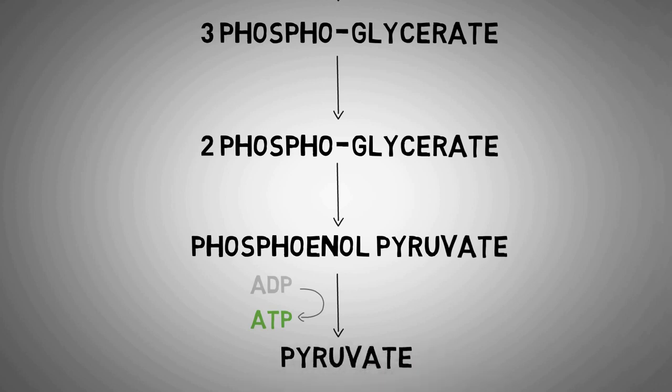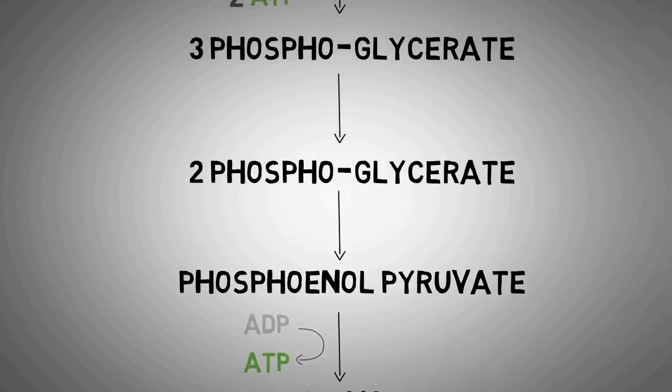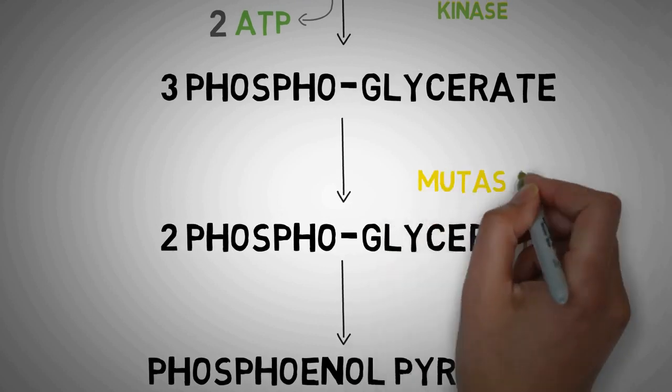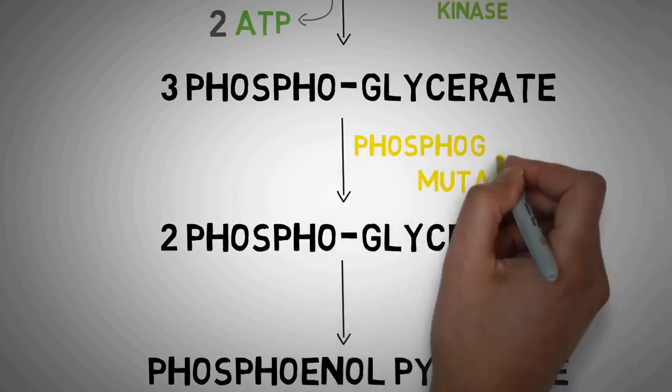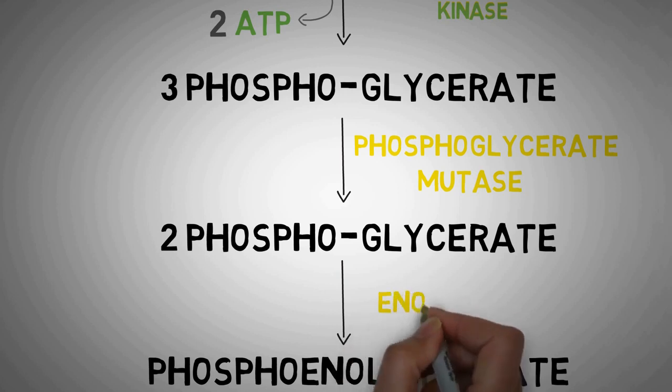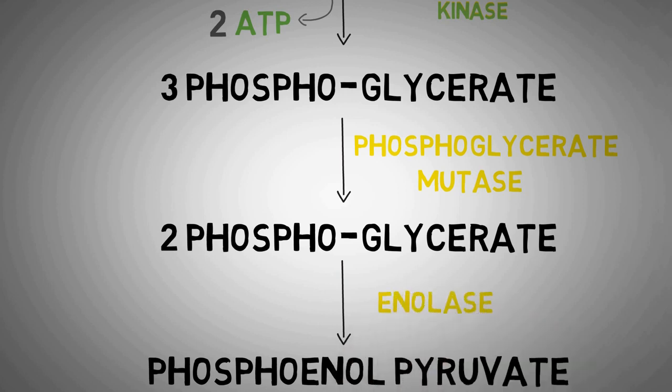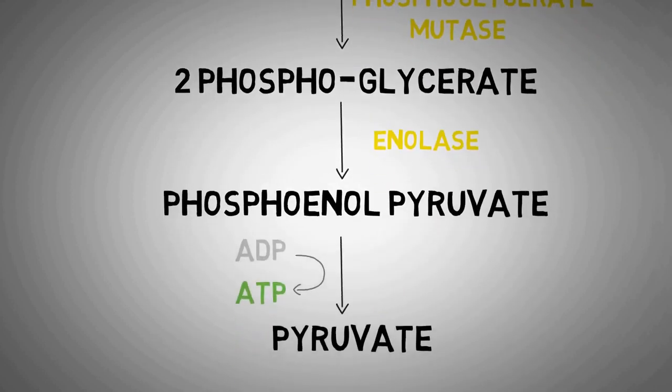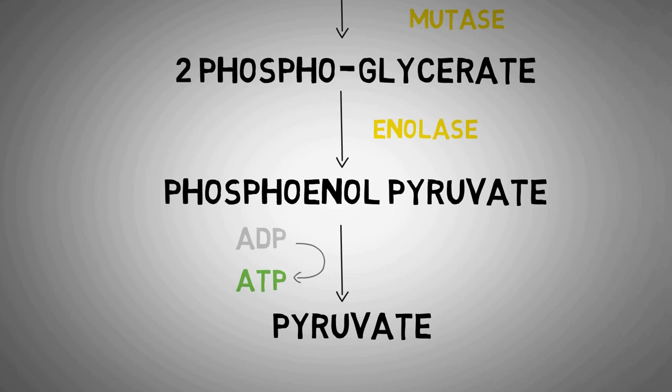The enzyme which converts 3-phosphoglycerate to 2-phosphoglycerate is a mutase, more particularly known as the phosphoglycerate mutase. And after that, we have the enzyme enolase that acts on 2-phosphoglycerate to convert it into phosphoenol pyruvate. After this step, the enzyme pyruvate kinase acts on phosphoenol pyruvate to convert it into pyruvate.